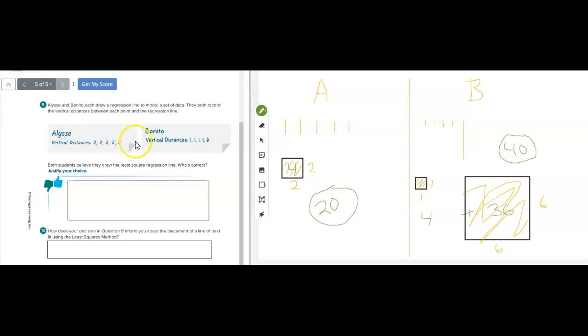Who were you initially expecting to be right when you looked at these numbers? Because if you just added them, it'd be 2, 4, 6, 8, 10. And this would be 1, 2, 3, 4, 10. So they both equal 10 when you add. You might have been expecting them both to be right. Or maybe you expected, because Benito's numbers were mostly lower, that he would be right.